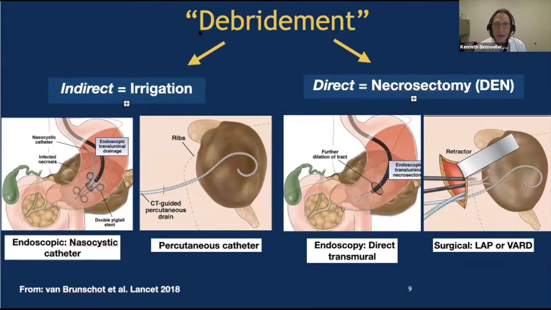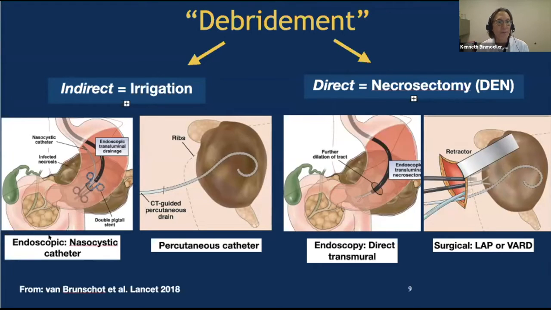Debridement can be indirect, which is accomplished with irrigation. So irrigation itself is very effective at debridement, but obviously it doesn't require any direct interface with the tissue. Direct is necrosectomy. We also call this DEN, D-E-N.